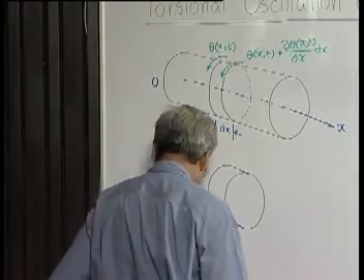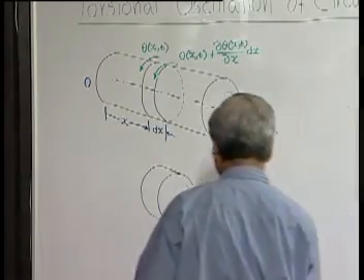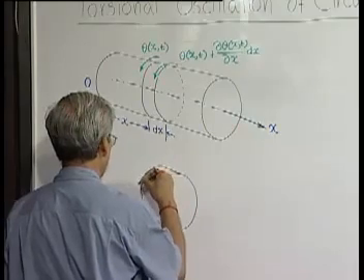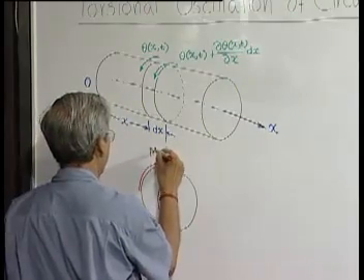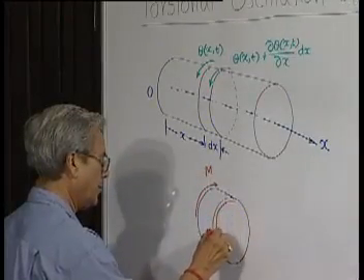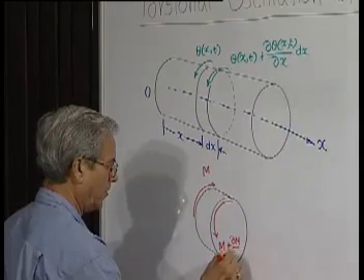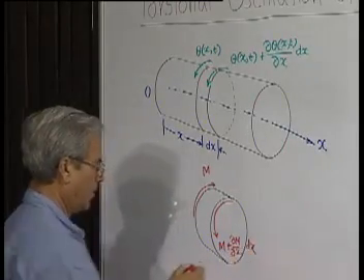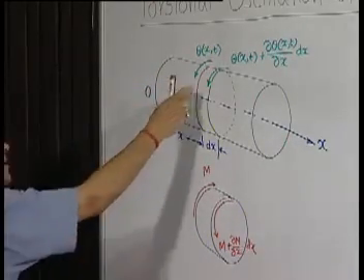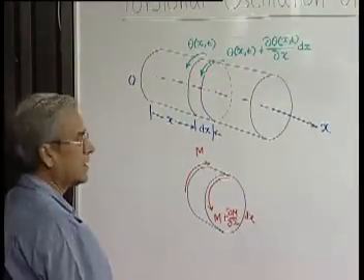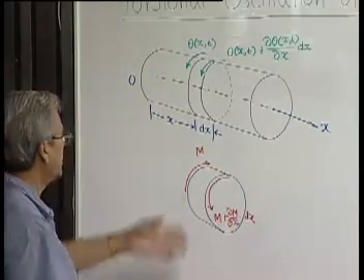Here we know that there will be two moments acting: one on this face, which, because of the twist, will be subjected to a resisting moment, say m, and the other face will be subjected to a moment in the positive twist direction, like theta.